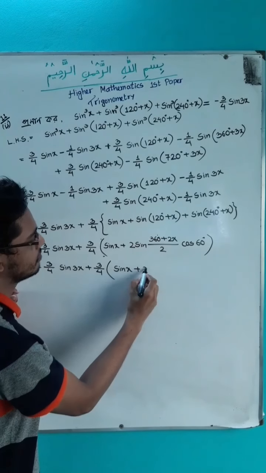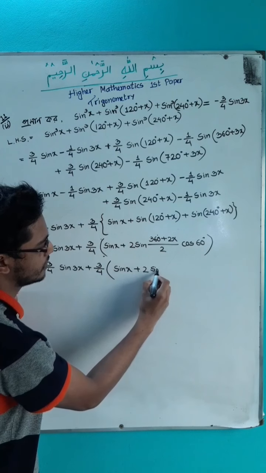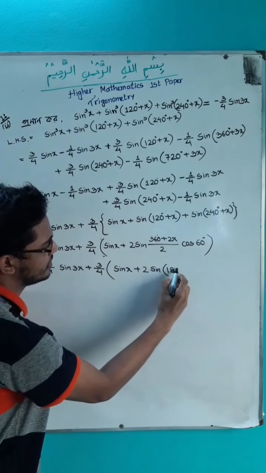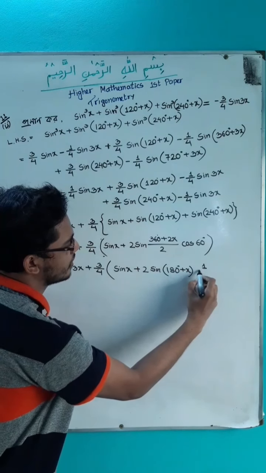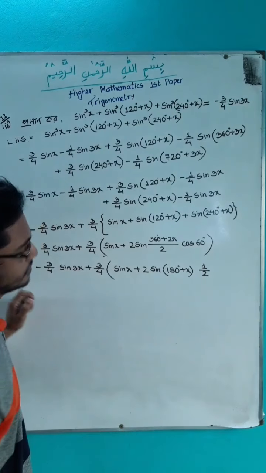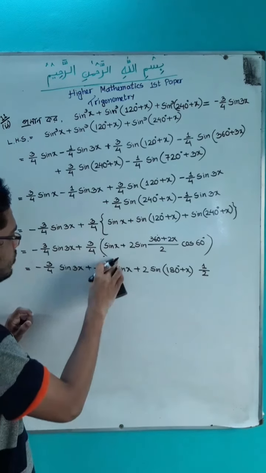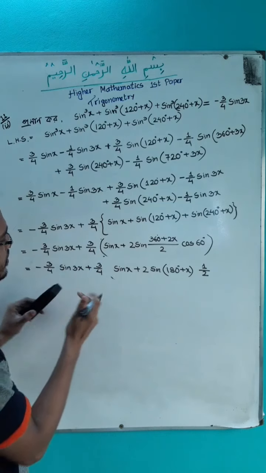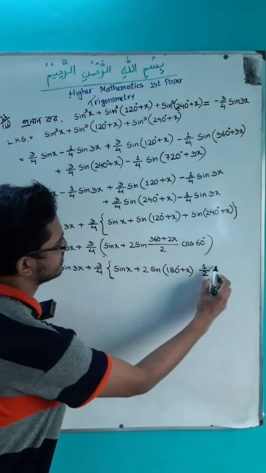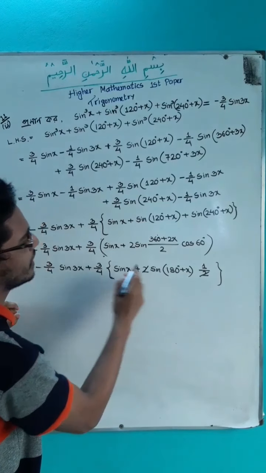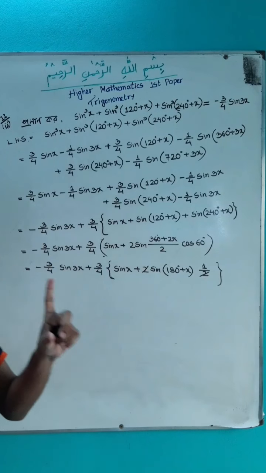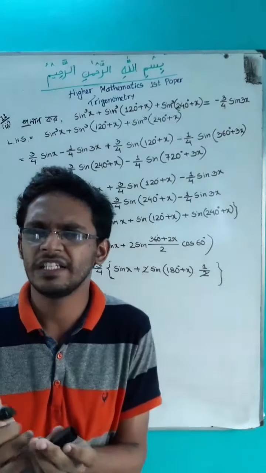That means we will have sin 180 degree plus x, and cos 60 is half. We have to use second bracket. That's not a big deal. So this half and this 2 will be cancelled out, and we know sin 180 degree plus x.